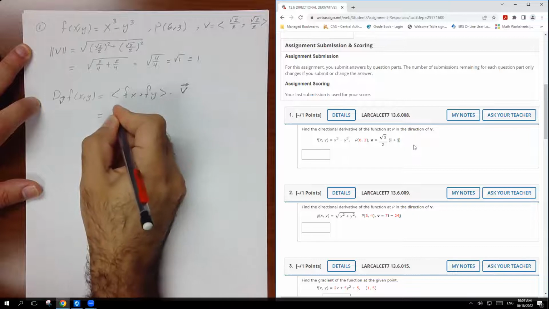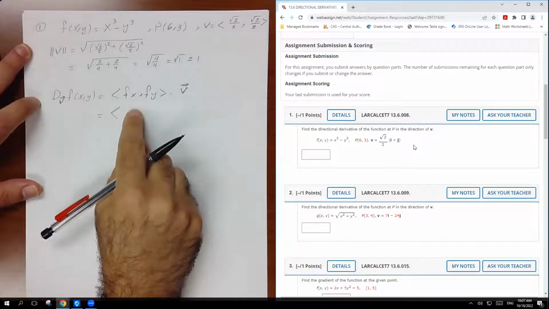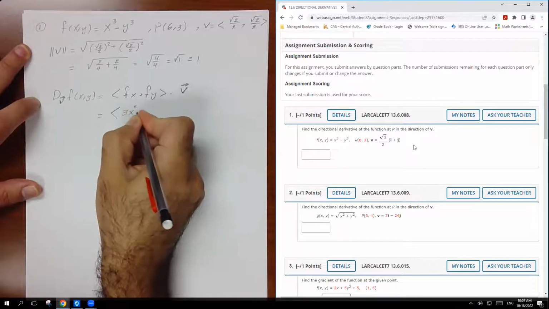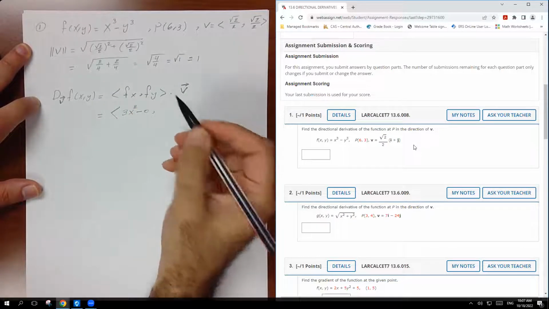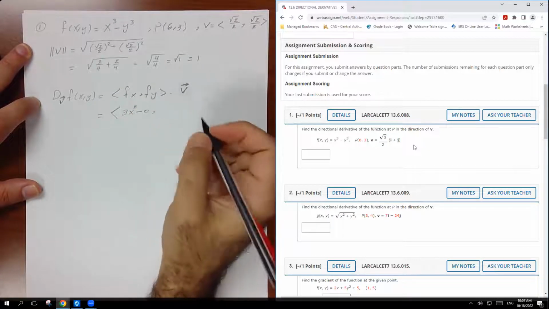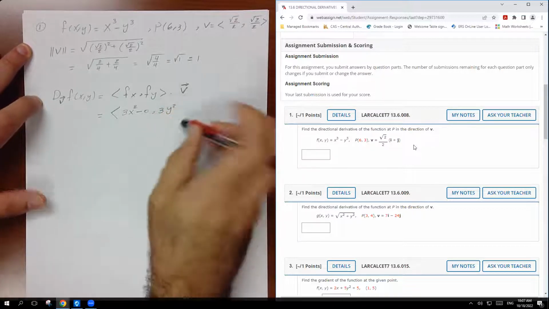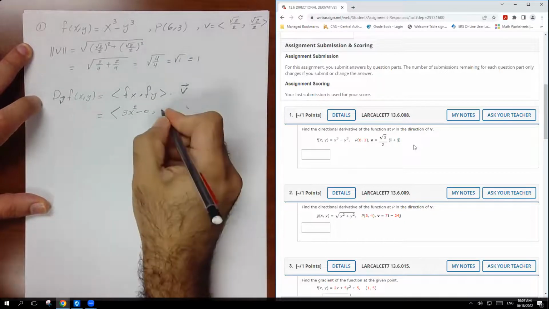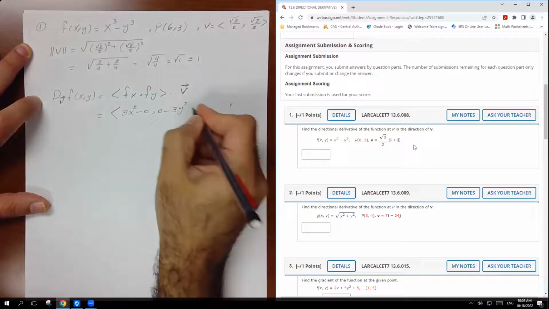And that means this one is going to be equal. The derivative of the function with respect to x is going to be 3x squared minus the y is 0, because it's a constant. The derivative of the function with respect to y is going to be 0 minus 3y squared.